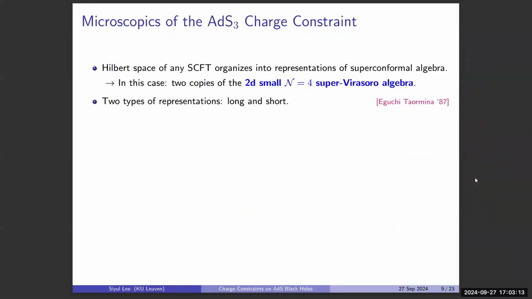And to do that, we need some representation theory. So in any quantum theory, the Hilbert space will organize into representations of its symmetry algebra. In this case, the two copies of the 2D small N=4 superconformal algebra. So focusing on just one copy of them, there are only two different types of representations, long and short, which makes the analysis much simpler.